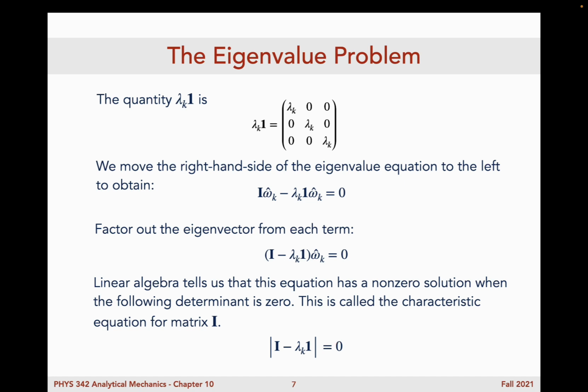So when we set this determinant equal to 0, we solve for the eigenvalues, the lambda values. Now what we're going to do is take those lambda values and plug them into this equation here. So that's the inertia tensor minus the lambdas along the diagonal multiplied by the omega vector equaling 0. So we're going to plug in the eigenvalues here and then use that to solve for omega.